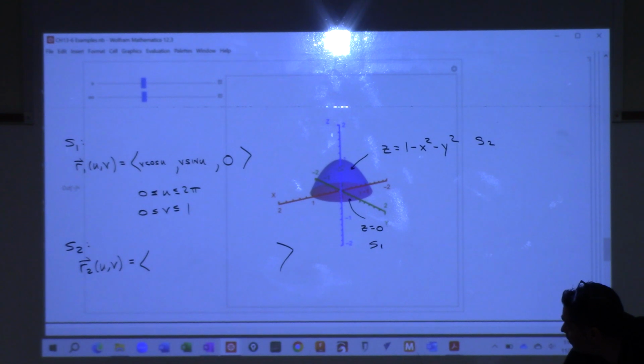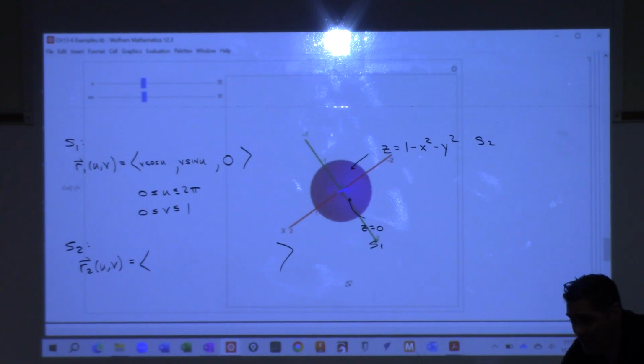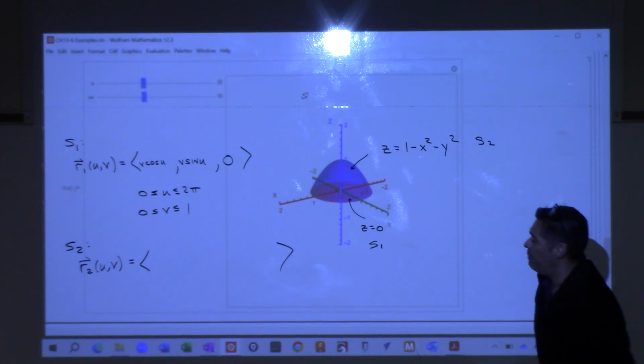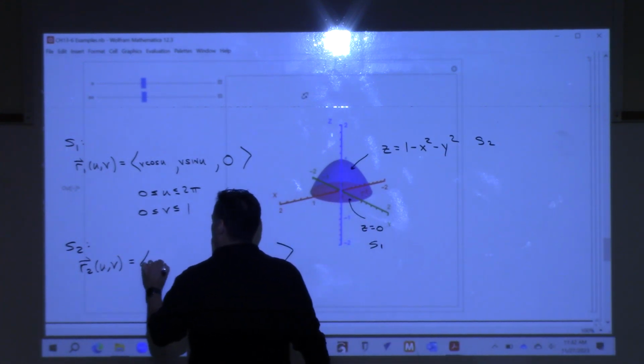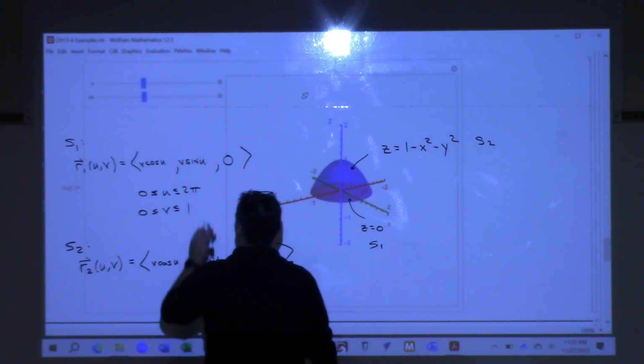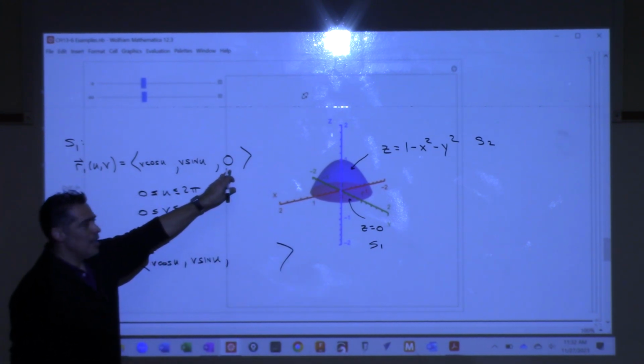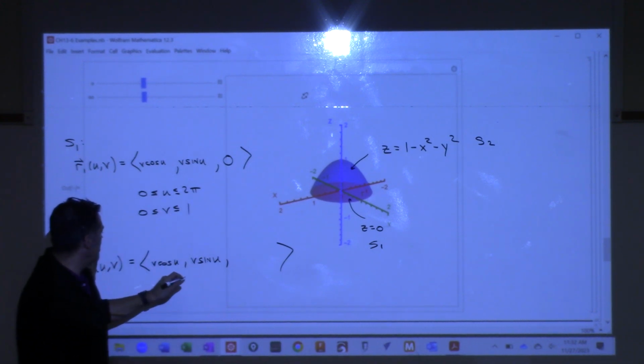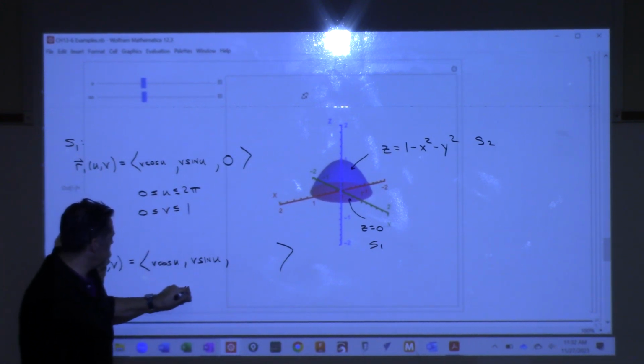If I look at this from the top, the blue looks like the same disk I just drew. So I'm going to put that same formula here, V cosine U, V sine U, right? But this is no longer 0. This is actually, and you've used up your variables, it's still the same restrictions. 0 to 2 pi, 0 to 1.